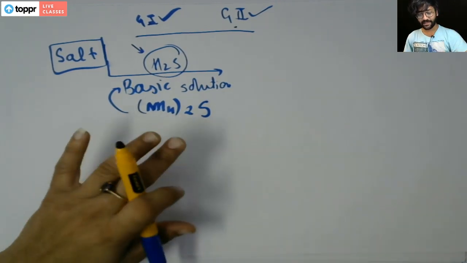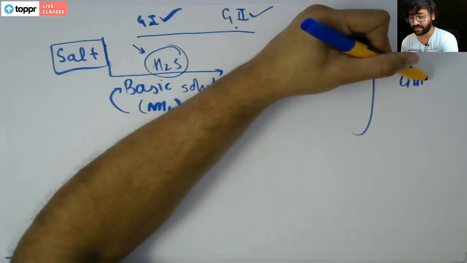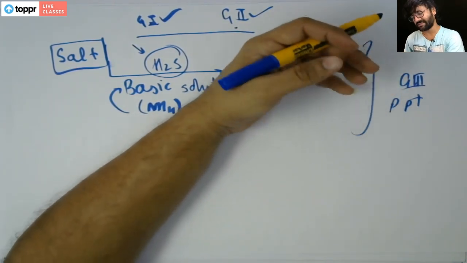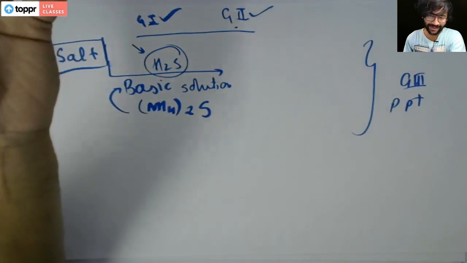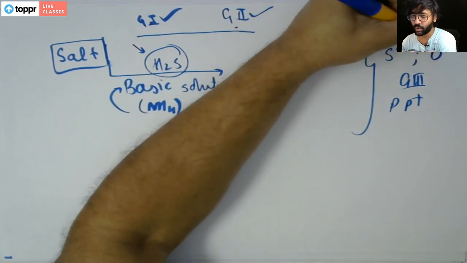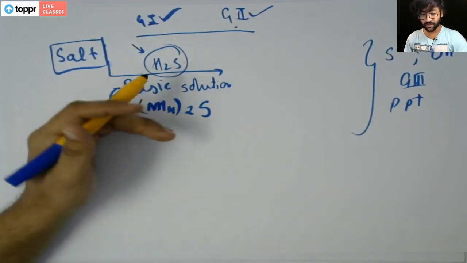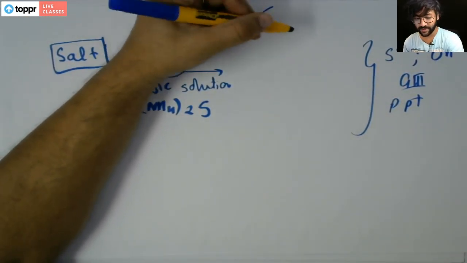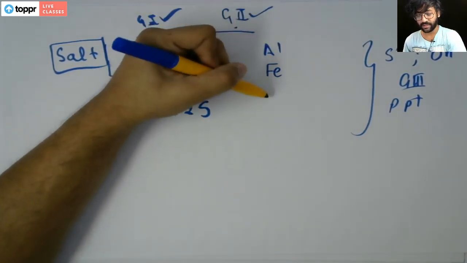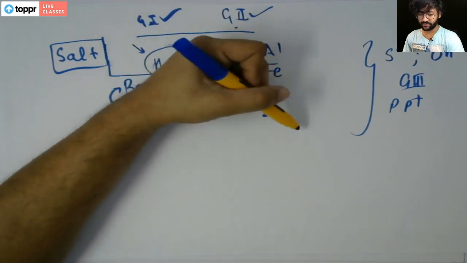If we add the H2S gas and get a precipitate, this time we'll get group 3 precipitates. These will be either sulfide precipitates or hydroxide precipitates, so S2 minus or OH minus. The precipitates that occur here are from group 3, like aluminium, iron, chromium, and zinc.